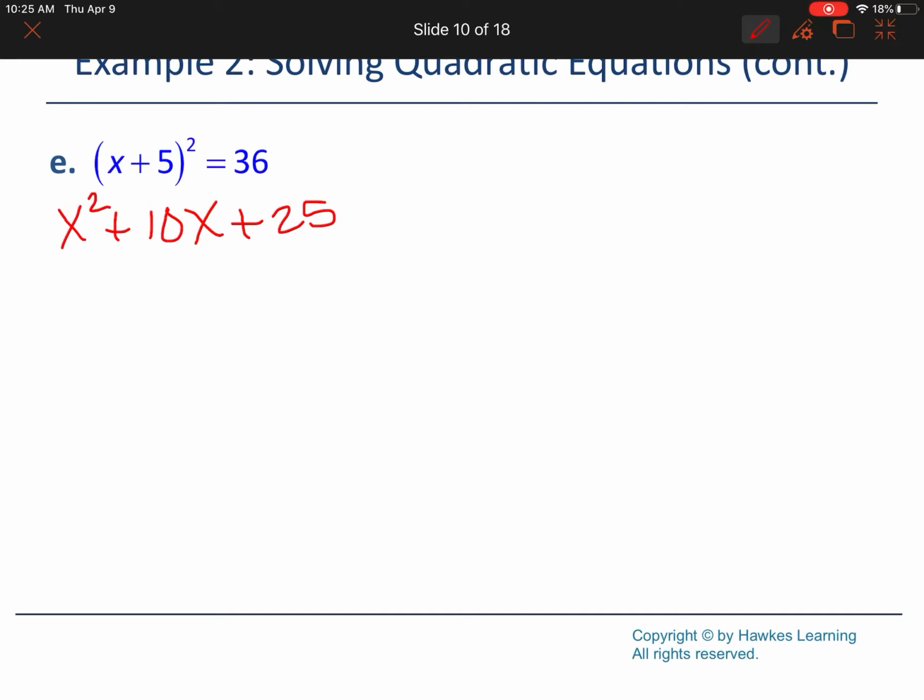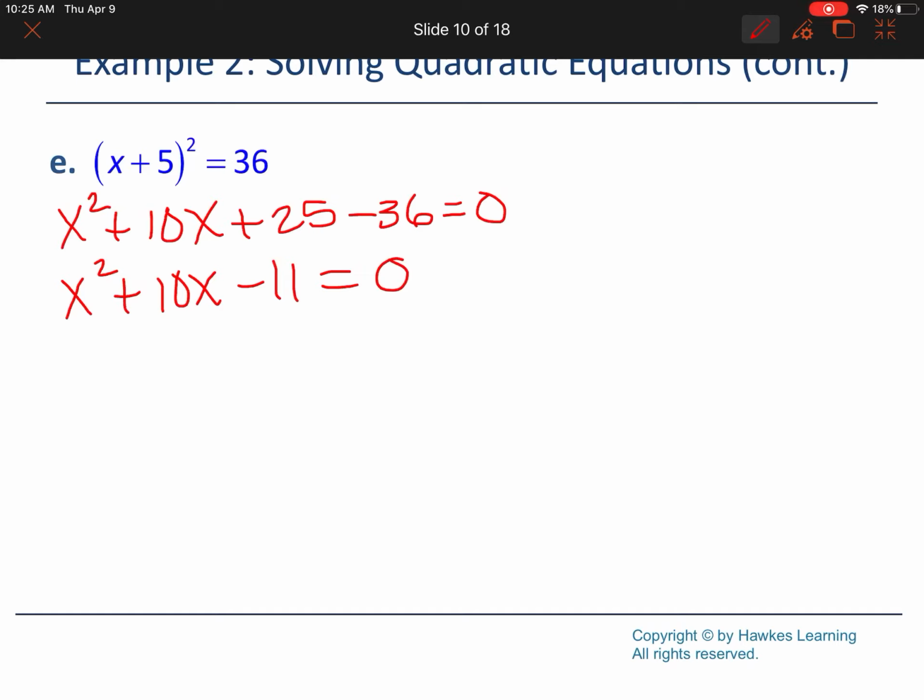Equals 36. I'm going to subtract the 36 from the other side so that it's equal to 0, right? So now I have x squared plus 10x minus, okay, so it's going to be 11, I believe.